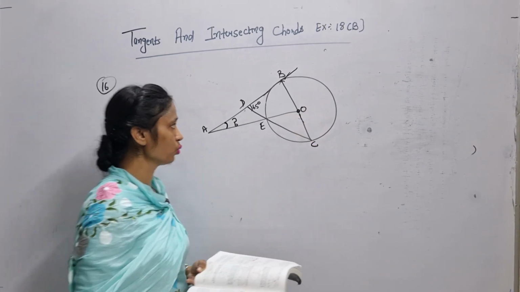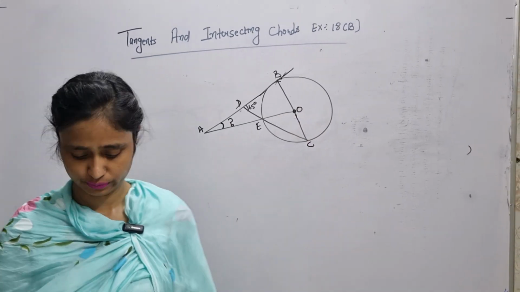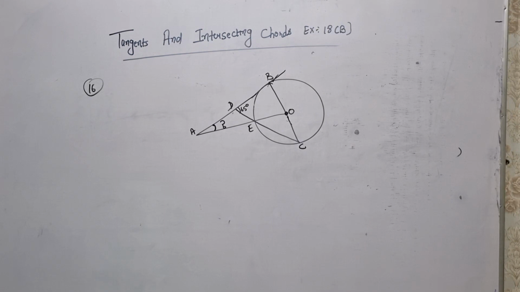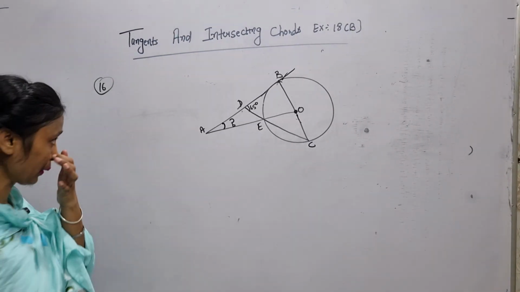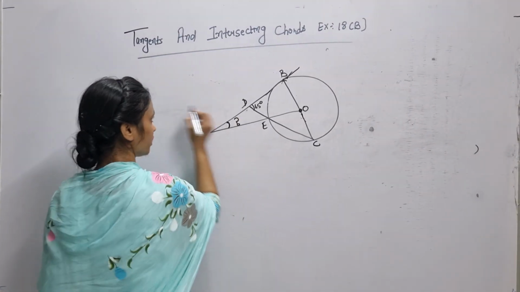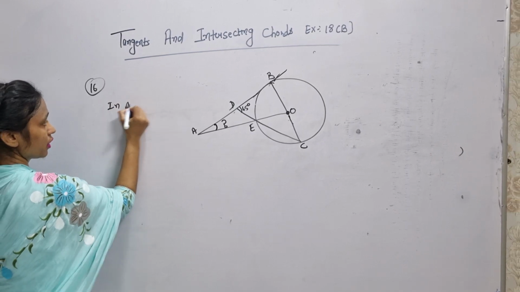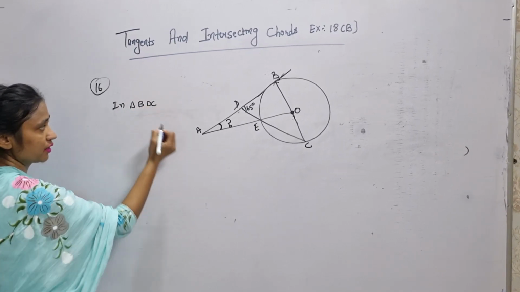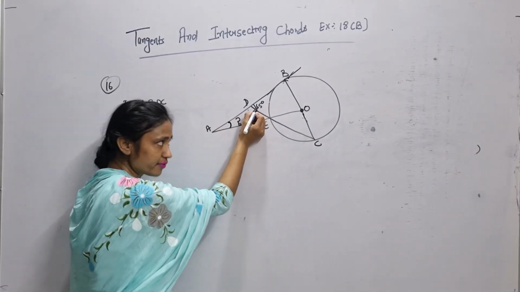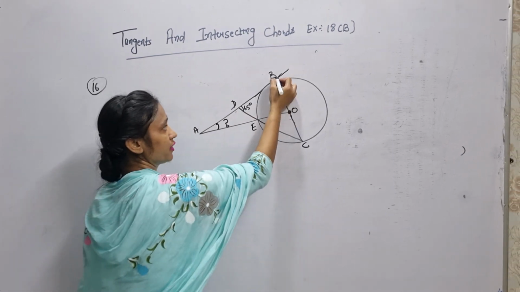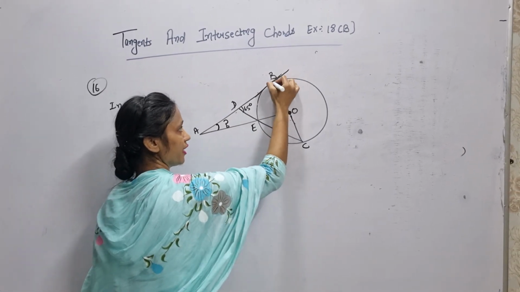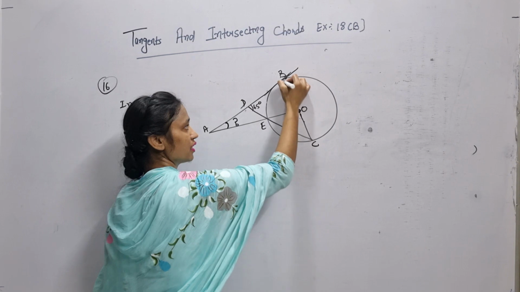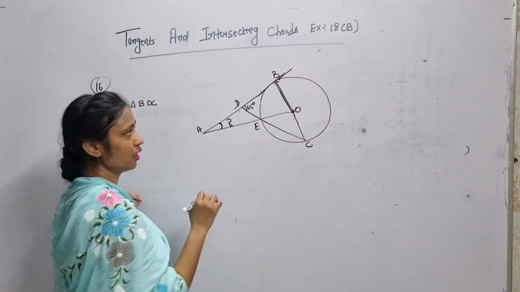Okay, see how we will solve this sum. So in triangle BDC, this angle is 65 degrees, and we know the angle between the tangent and the radius. BO is the radius.